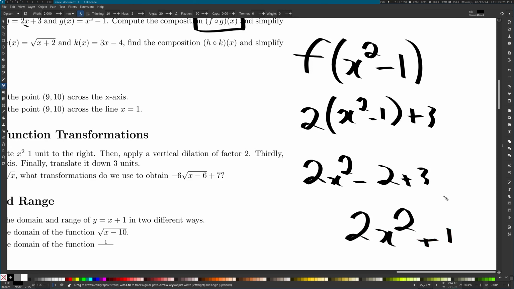Okay, so this is h of k of x. What is k of x? k of x is 3x minus 4. We put that into h. And h is this. So everywhere we see an x, we're going to replace it with 3x minus 4.